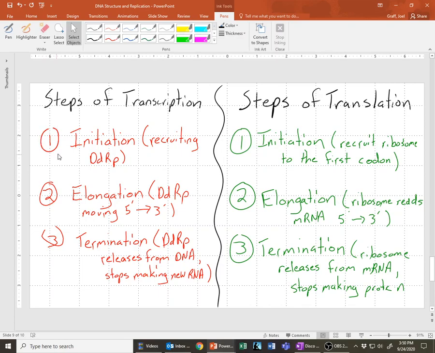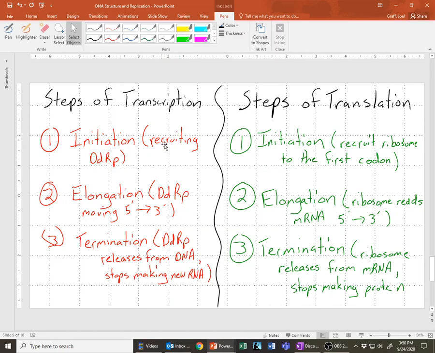The first step of transcription is initiation. That means recruiting the DNA-dependent RNA polymerase. The second step is elongation. That's when the DNA-dependent RNA polymerase moves in a 5' to 3' direction along the DNA.